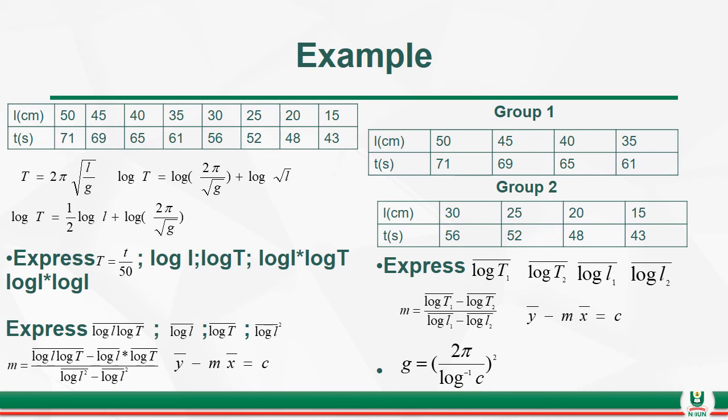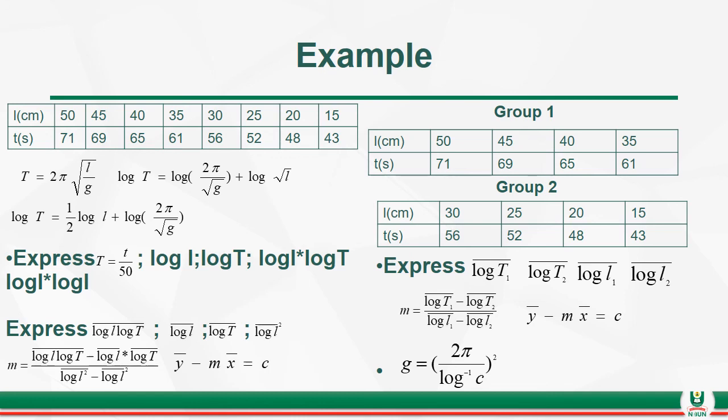We have log T equals log of 2 pi over square root of g plus log root L. If we split this using the law of logarithm, we have log T equals log of 2 pi over square root of g plus log L raised to power half, and that becomes half log L. If I decide to rearrange this, I would have log T equals half log L plus log of 2 pi divided by square root of g.